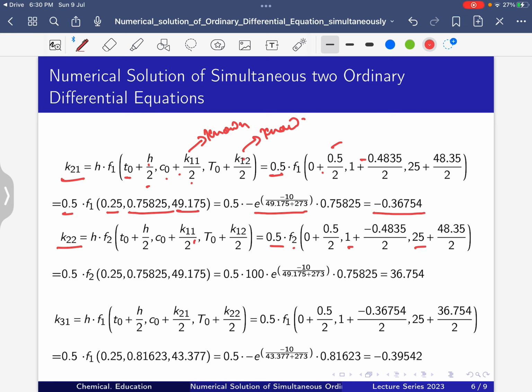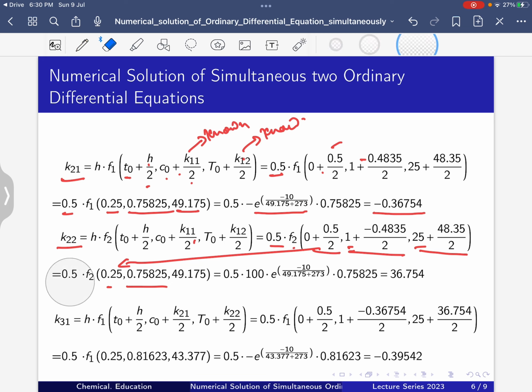After doing the calculation, h is 0.5, we will get 0.025, then 0.7825, then 49.175.